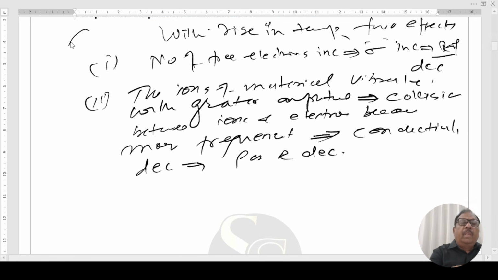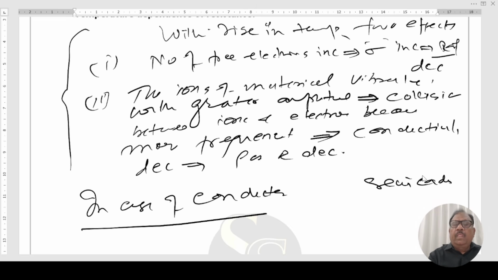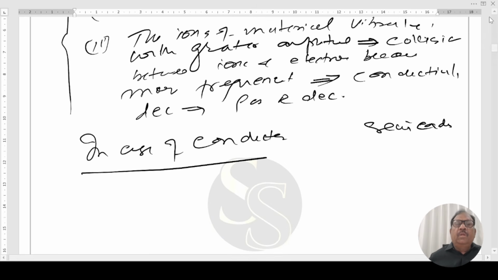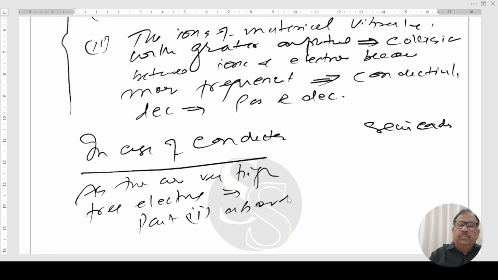Now, there are two effects, in the case of a conductor and in the case of a semiconductor. In the case of a conductor, as there are very high free electrons, part 2 above is dominant.